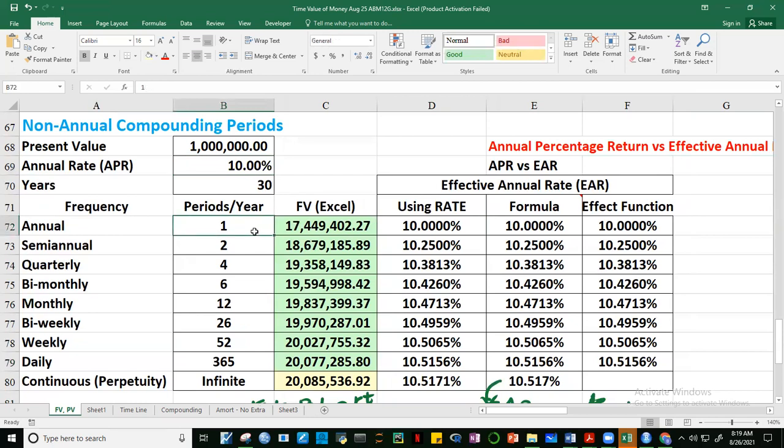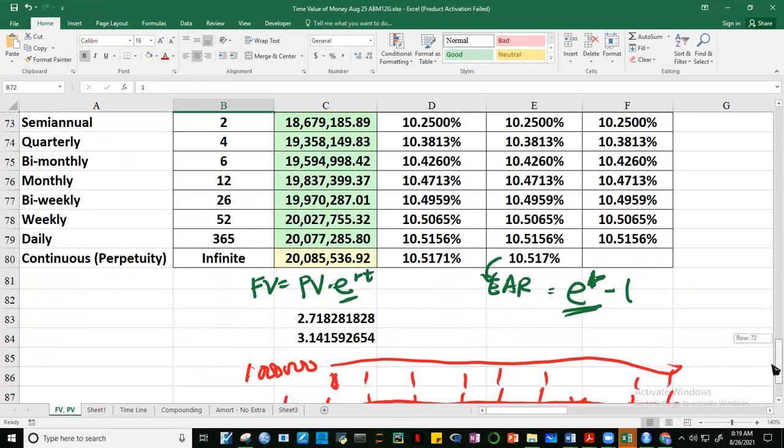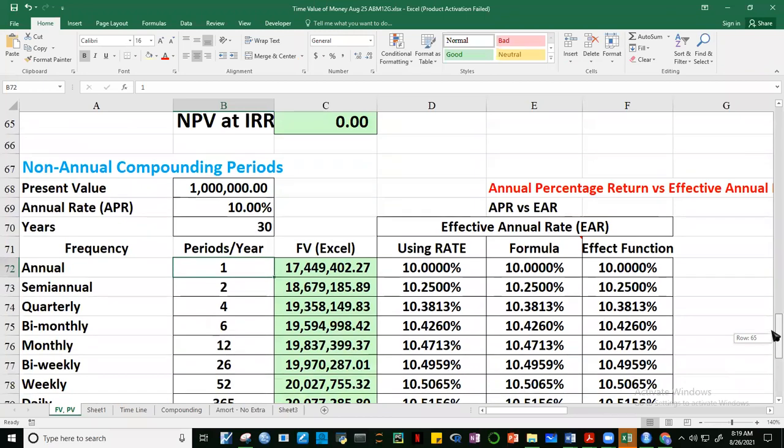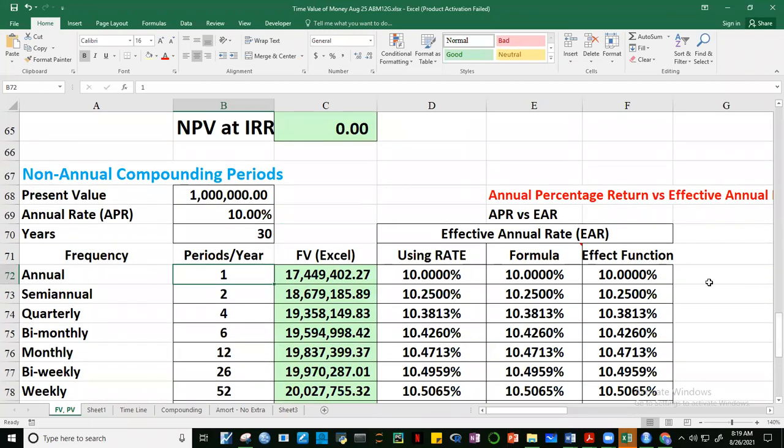But if it's other than annual, so it's semi-annual, quarterly, etc., then you will have an EAR that's different from your APR. Okay, clear yun guys? Paki-chat nga please kung clear yung concept ng EAR. Sinasabi natin, nagkakaroon lang ng difference yung EAR at saka APR if there is non-annual compounding.